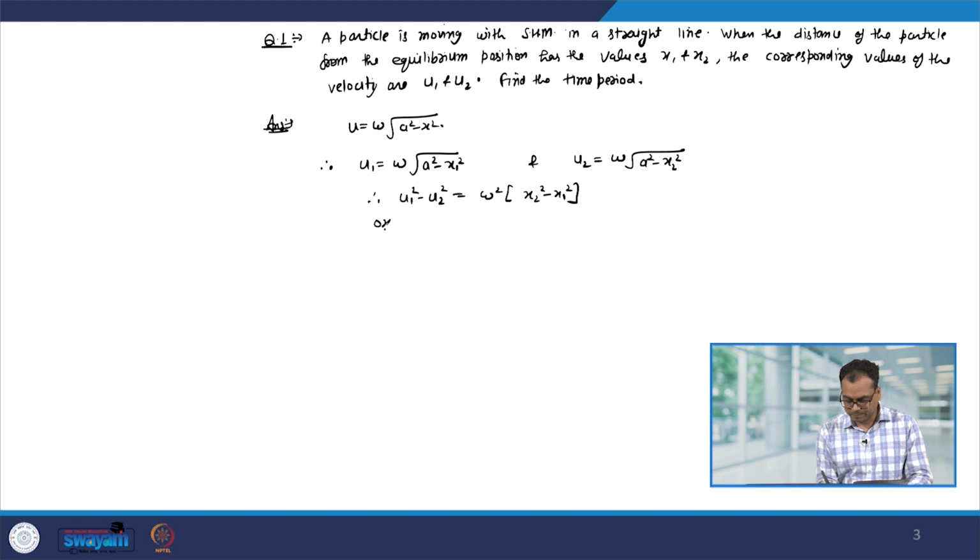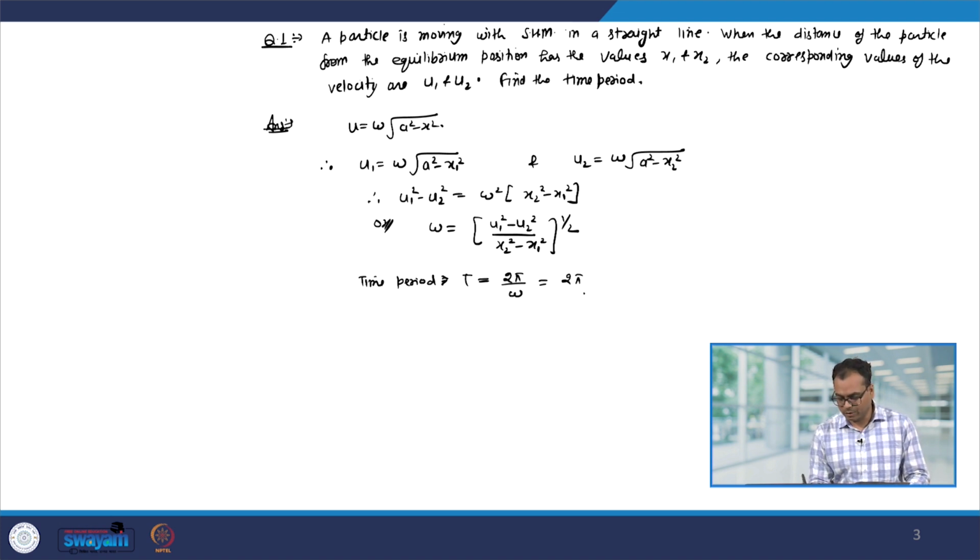Or the value of omega is equal to the square root of (u1 square minus u2 square) divided by (x2 square minus x1 square), and we already know the time period in terms of omega. Time period T is 2 pi by omega. So, it will be 2 pi square root of (x2 square minus x1 square) over (u1 square minus u2 square).